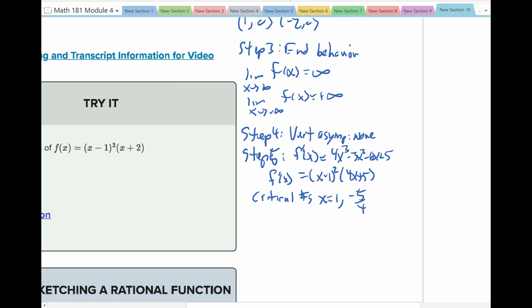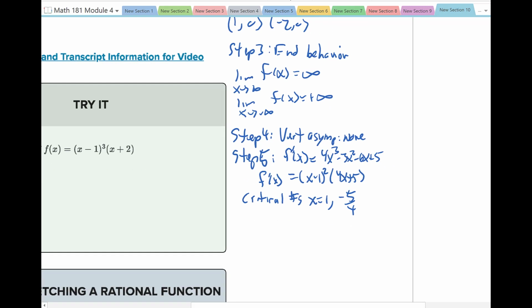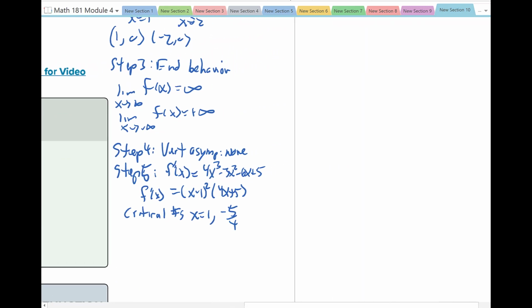So with that, I would look at a chart here. Just keep going sideways. So that means we would have something like -5/4 and 1. And our factors would be x minus 1 squared, and then the 4x plus 5.